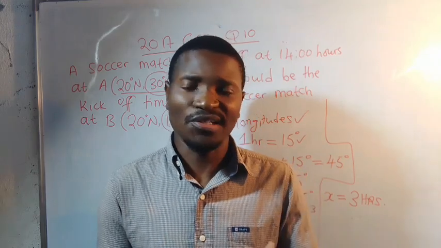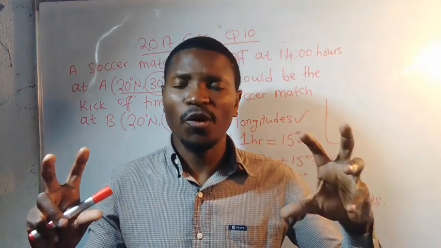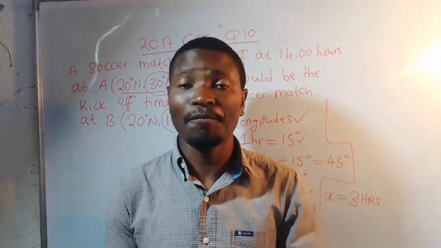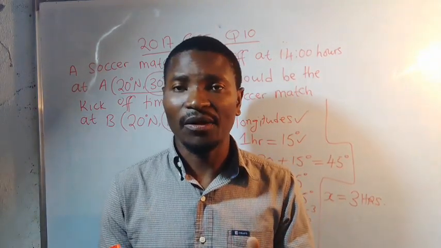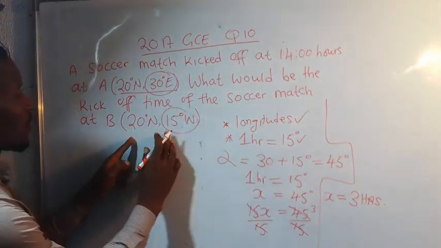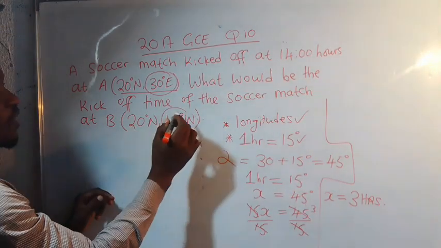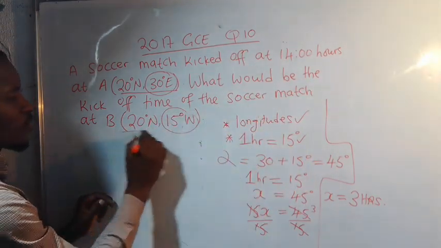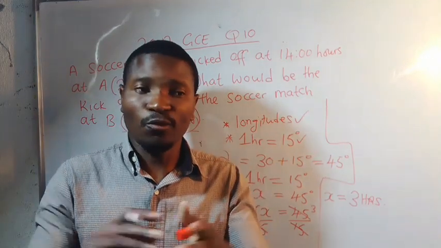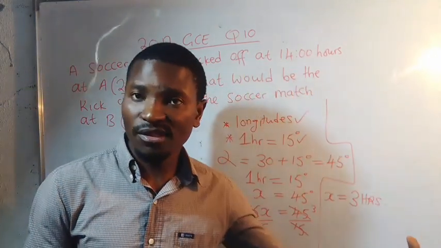Because we're at different points, I'm going to add now. Looking at this point, they're asking what would be the time of kickoff of the soccer match at point B, if at point A the time is 14 hours.